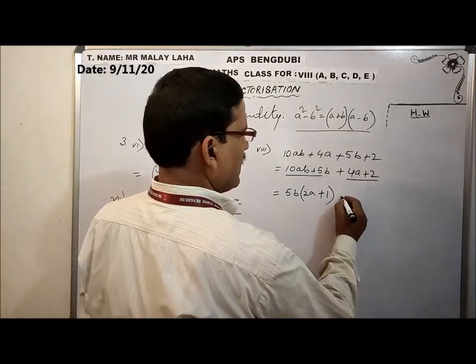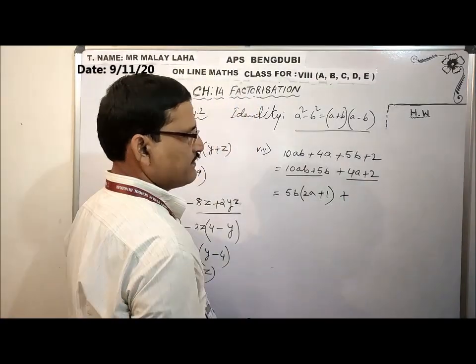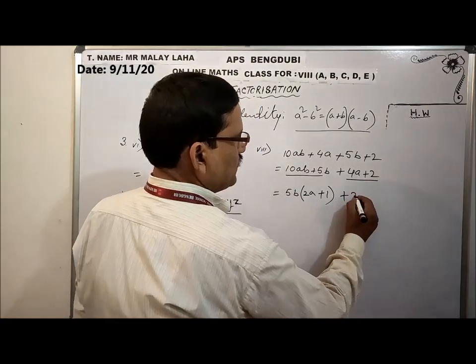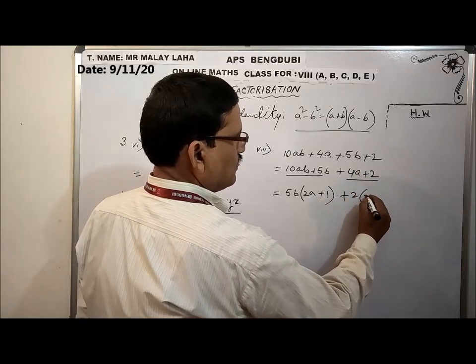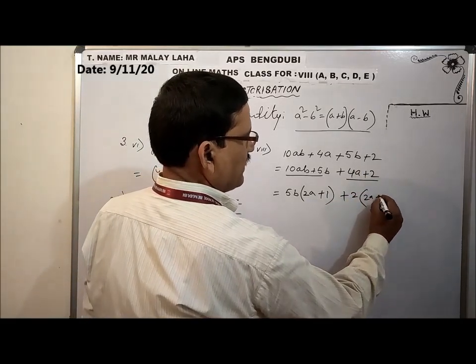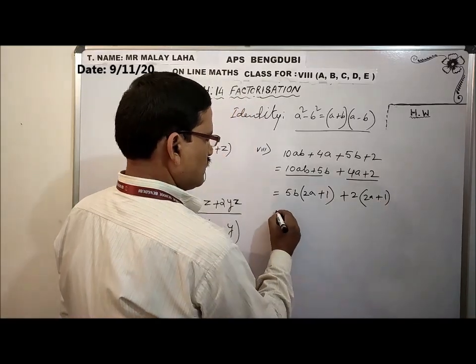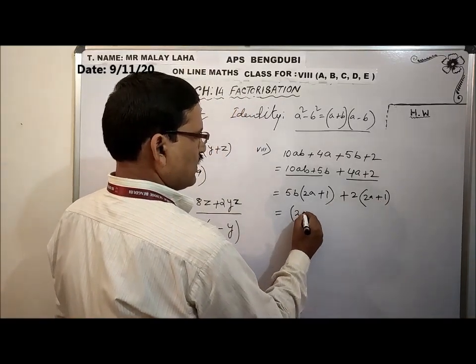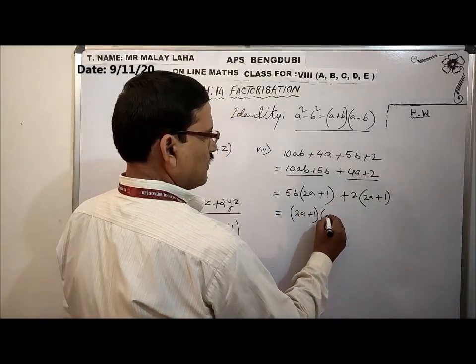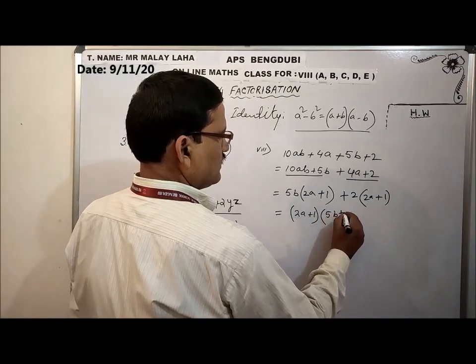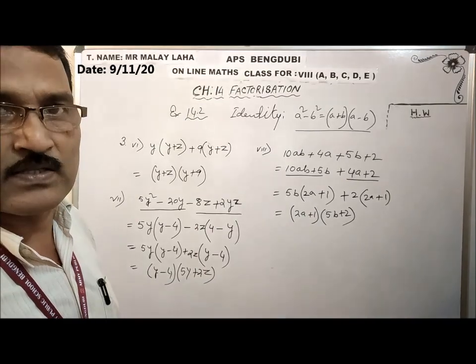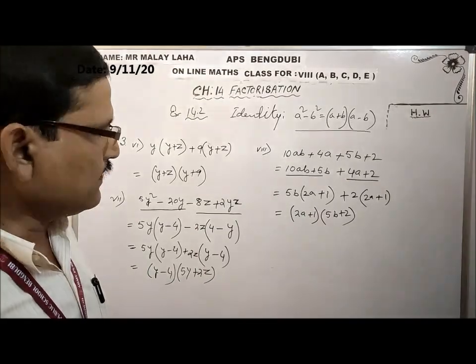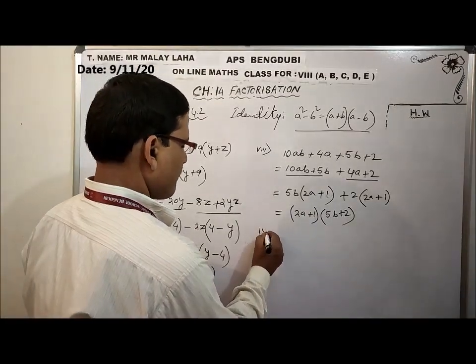Then plus, how much maximum number can I take common? 2. So 4a divided by 2 is 2a, and 2 divided by 2 is 1. So what is the overall common? 2a plus 1, 5b plus 2. Okay, 2a plus 1, 5b plus 2. Are you clear?